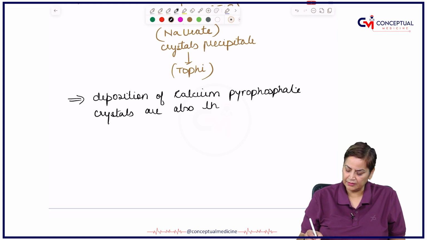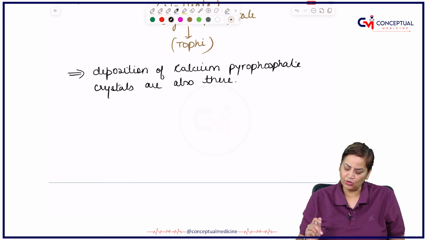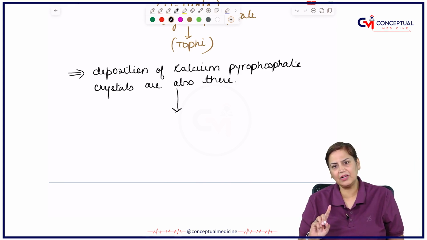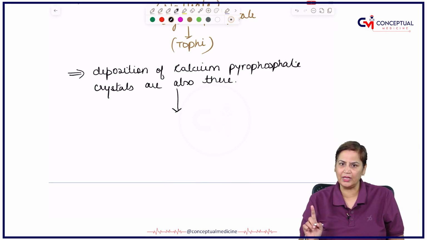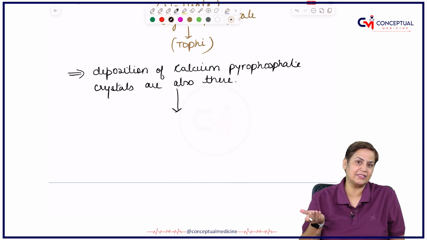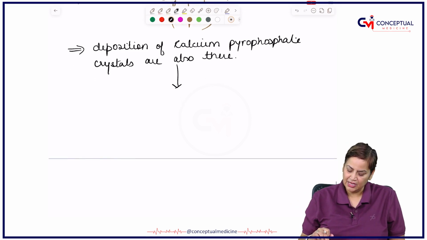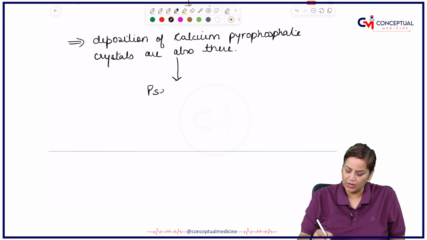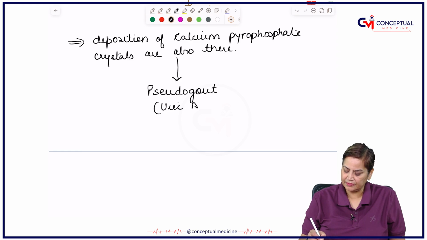Here this will be known as pseudo gout. It looks like gout. The patient will complain of pain in the joints only, but there won't be an increased concentration of uric acid, there will be calcium pyrophosphate crystals. So it is known as pseudo gout, false gout, and uric acid will be normal here.